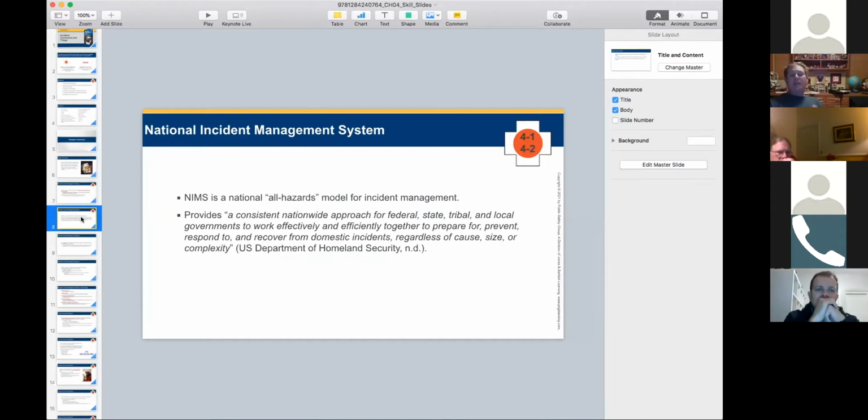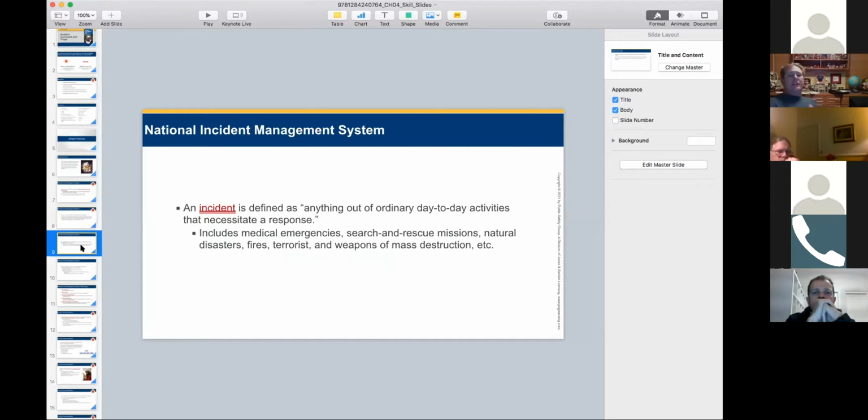It's an all-hazard model for incident management. It can be something as basic as a single skier down, where you keep it small and simple, or as the incident grows, you build the system up.